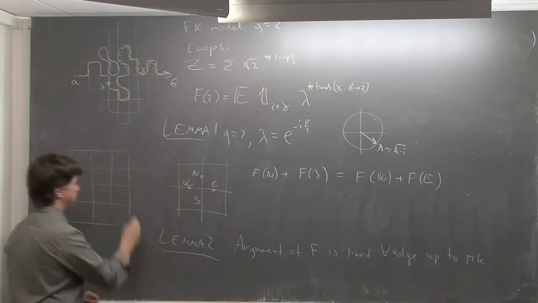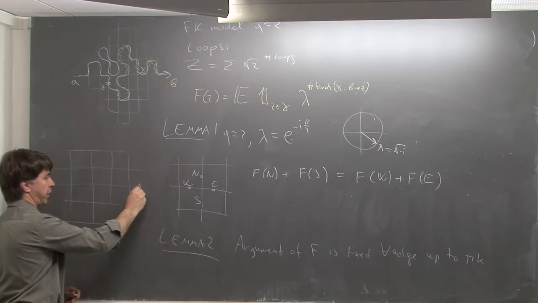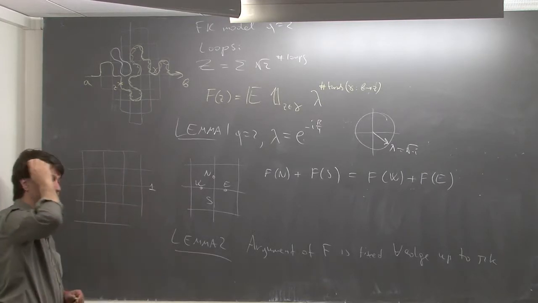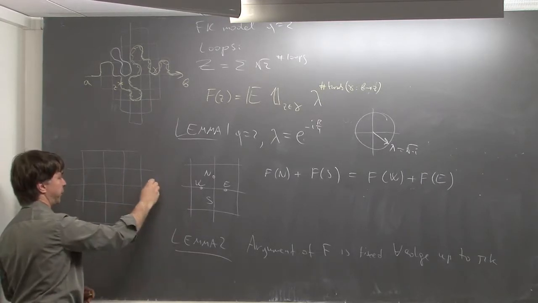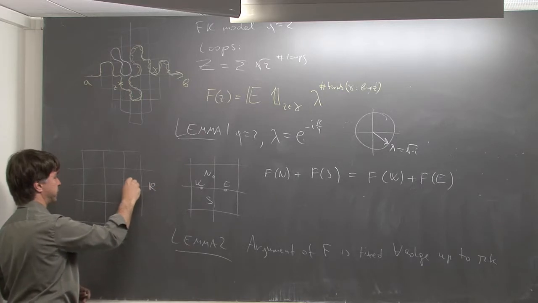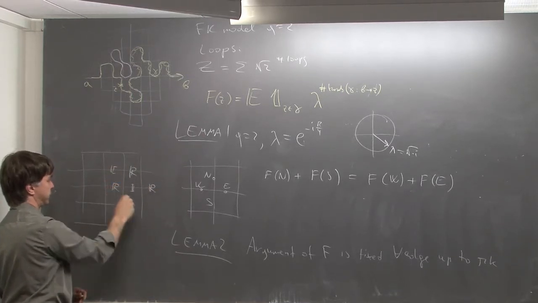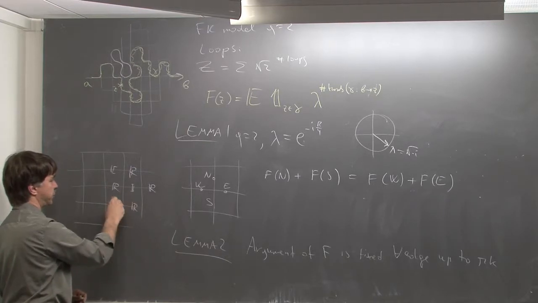So basically here f is real, and I'll just write the numbers to which f is proportional. Here f is real, here f is imaginary, here f is real, here f is imaginary, here f is real, here imaginary.